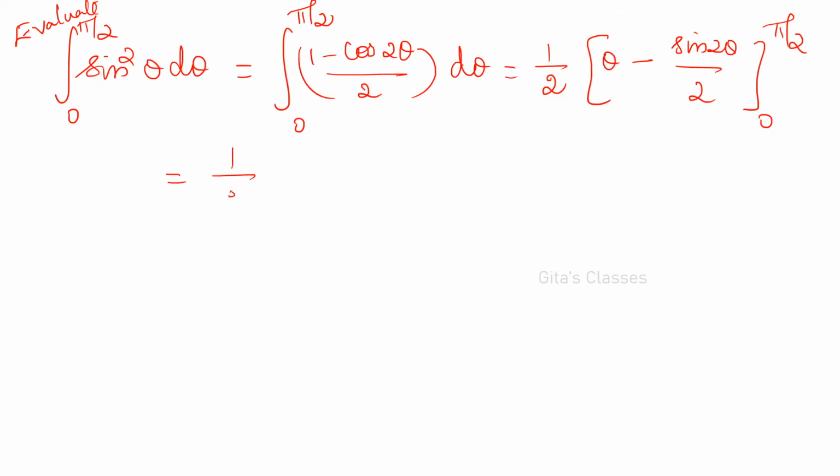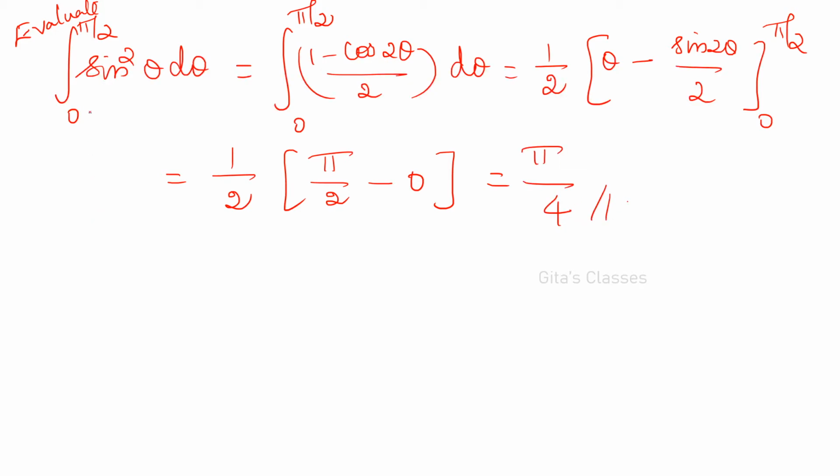This is equal to 1 by 2 into pi by 2 minus sin 0, which is 0. When you substitute pi by 2, it becomes sin pi, which is 0, and even when you substitute the lower limit 0, it becomes 0. For both the limits, the second term becomes 0. Okay, so which is equal to pi by 4.